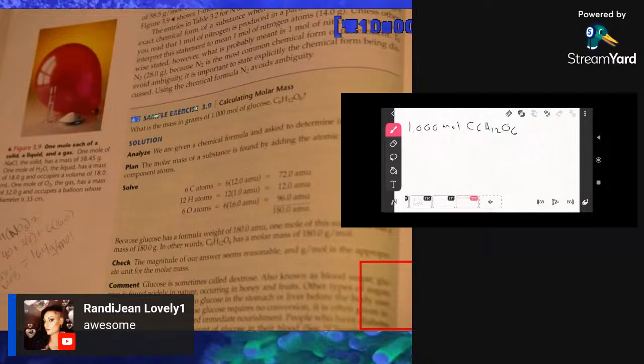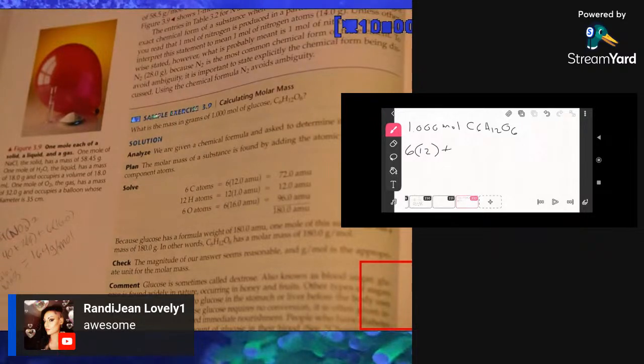All right, so first up, sorry, I'm just thinking real quick. What is the mass in grams? Okay, so first up, let's find out how much carbon weighs. So we got 6 carbon, and I remember off the top of my head, carbon weighs 12.